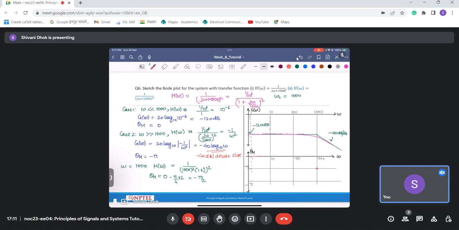Before that it is 0, then it goes to minus pi by 2, and then it goes to minus pi when omega is very large compared to the corner frequency. So this is the Bode plot. This is magnitude, and this is phase. Any questions at this point?